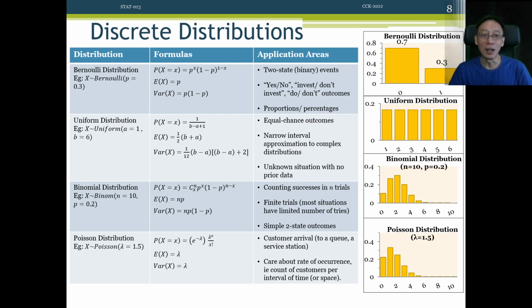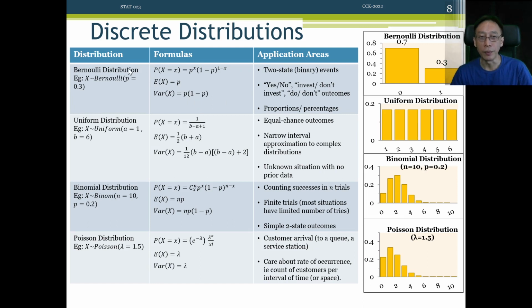But of course they are also important in real life. So we will encounter the usage of these distributions and be able to then apply them in a clever and appropriate way.